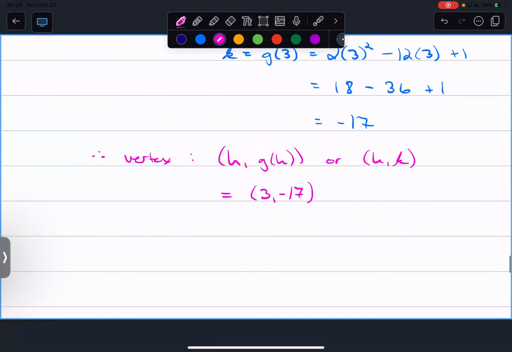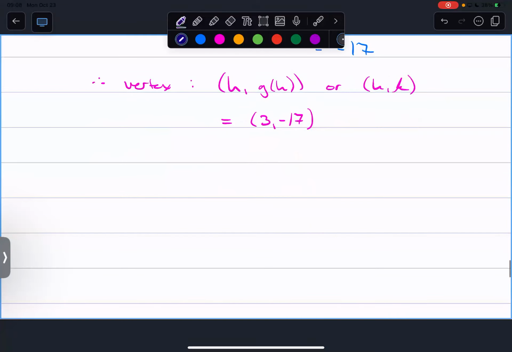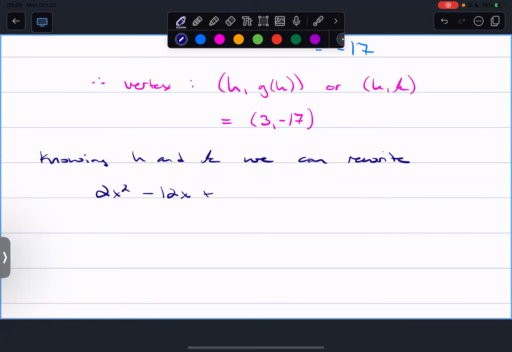What else could we do? Knowing what h and k are, I can rewrite from the standard form into the transformation form. So knowing h and k, we can rewrite 2x squared minus 12x plus 1, was it plus 1?